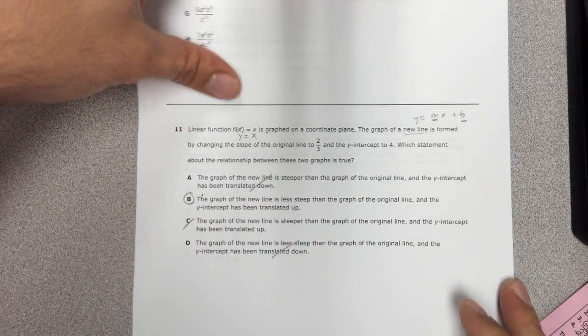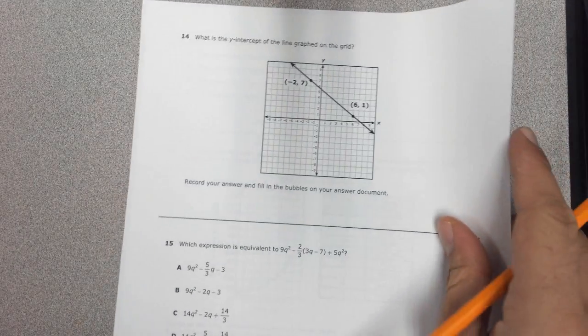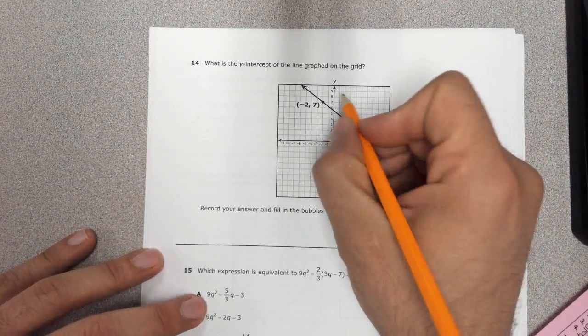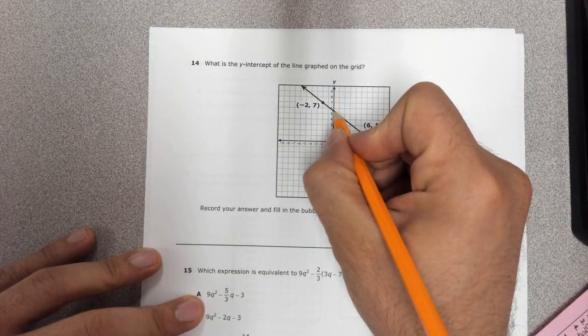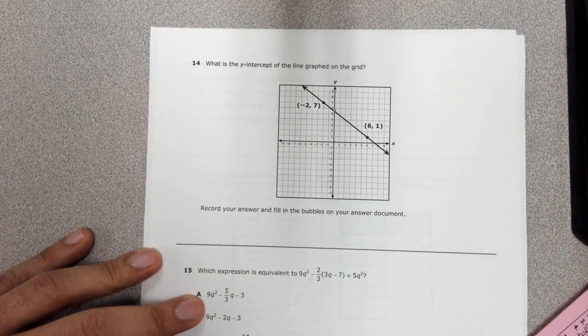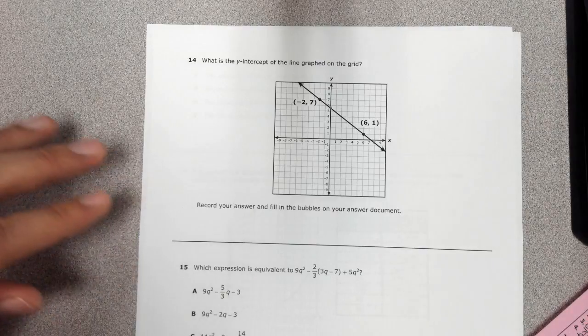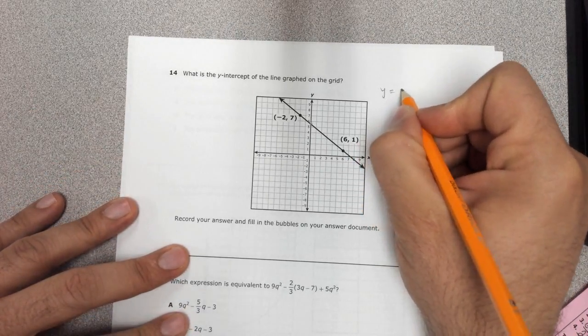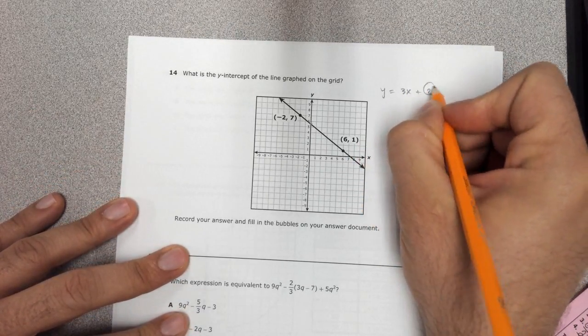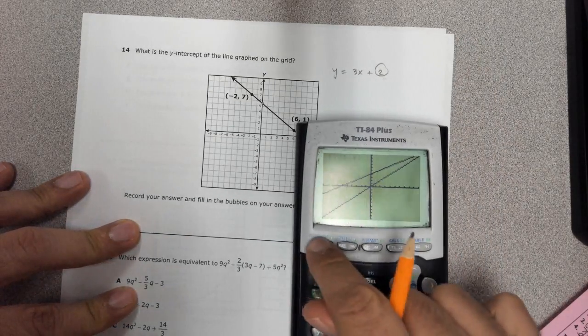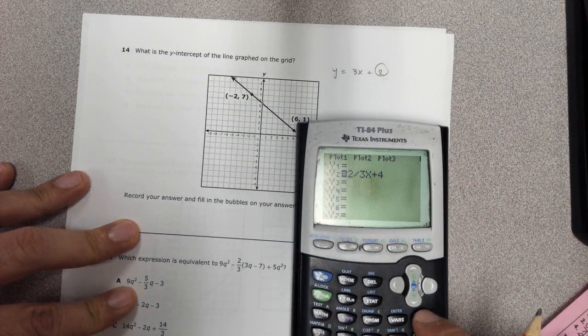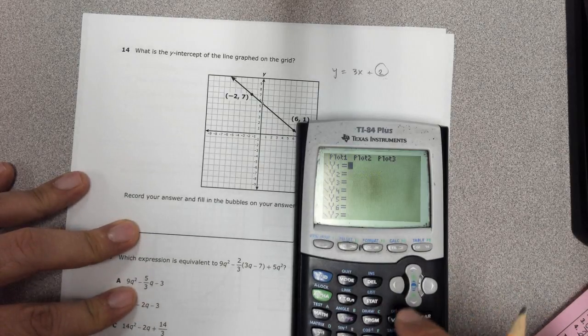Next question is question number 14. Number 14, they ask for the y-intercept. Here's the y-axis. Here's where it crosses. I say it's about 5.5, but I can't be sure. Since I can't be sure, I'm going to remember that the number right here is always the y-intercept. So I'm going to go ahead and use stat. Again, I couldn't use y equal to because they didn't give me an equation.